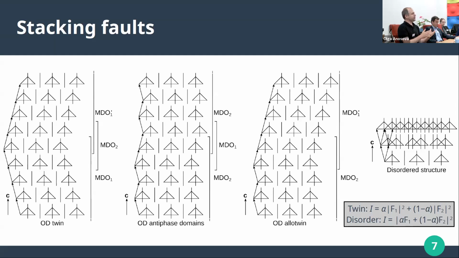Is it bigger than the coherence length of our radiation, or is it smaller? Right? If it's bigger, then what we add is the diffraction pattern, which is the square of the amplitude. If it's smaller, then they diffract coherently. So what we see is basically interference between both, and then we add these complex values.